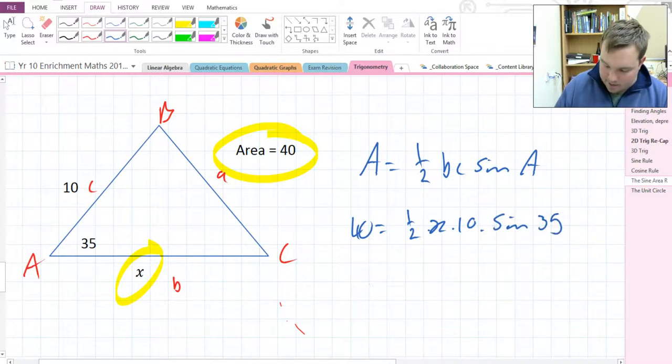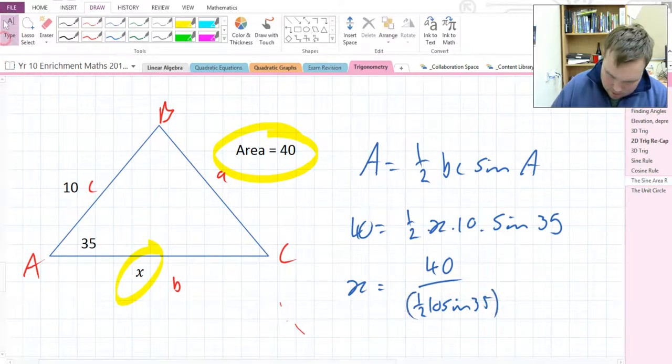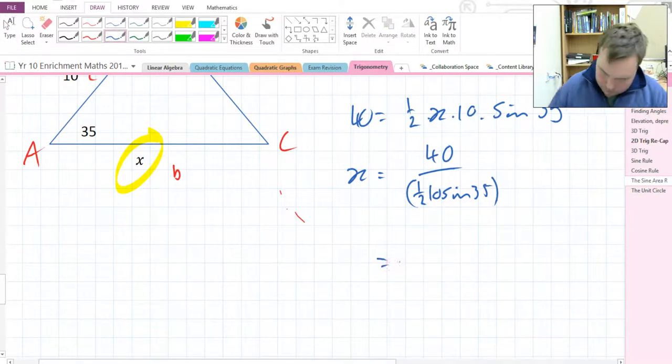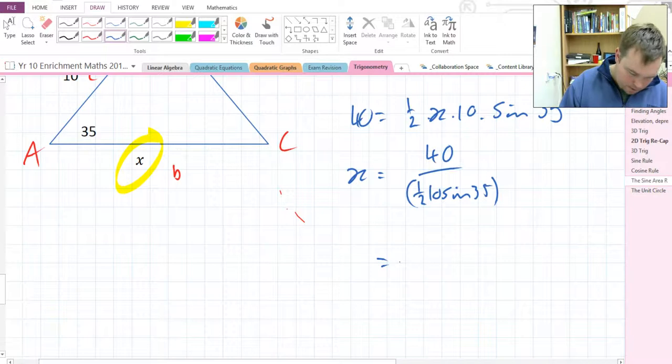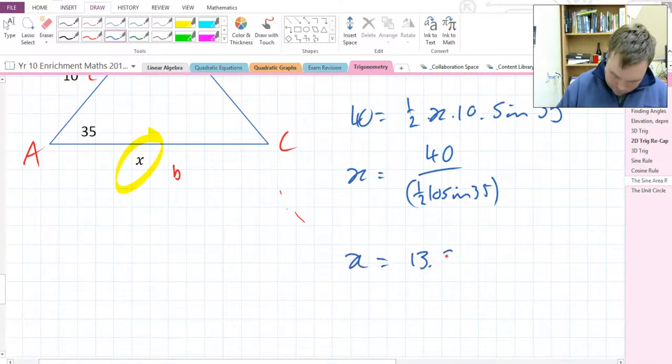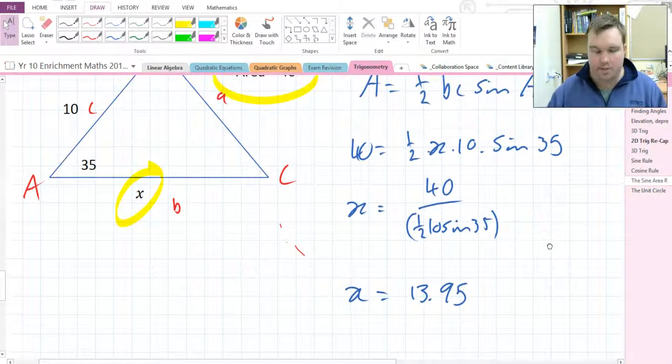Then to get x by itself, we would do 40 divided by a half times 10 times sine 35. That gives 13.95.